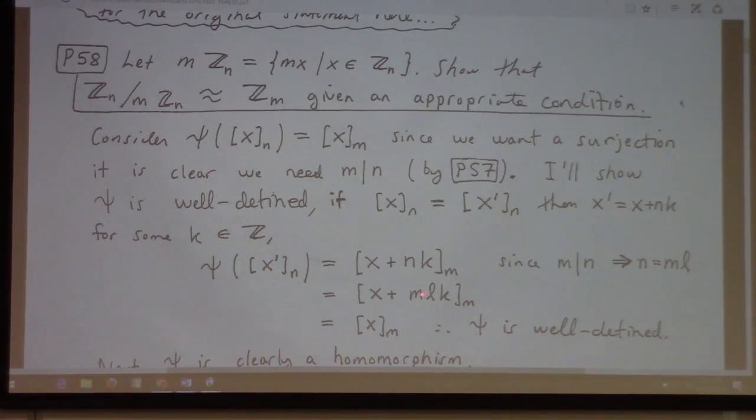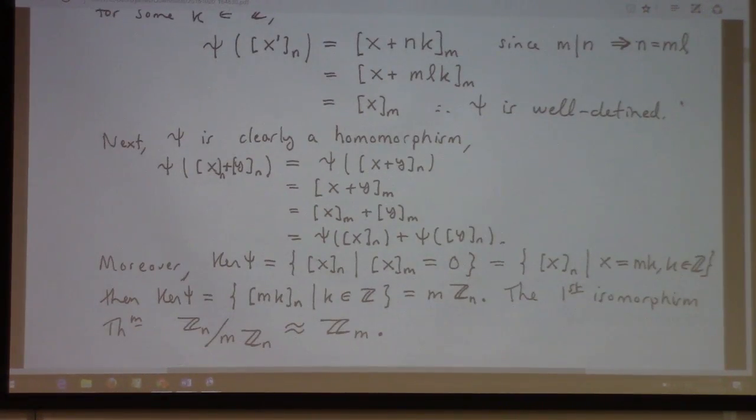So n is a multiple of m, and then of course this is 0 because it's m times stuff, which gives you x, which goes to show you that psi of x prime is equal to psi of x, which is to say that psi is well defined. So it's a function. Woohoo! It's also clearly into because its output is an equivalence class mod m. So there's nothing to check into-wise here. Sometimes there is, but not this time.